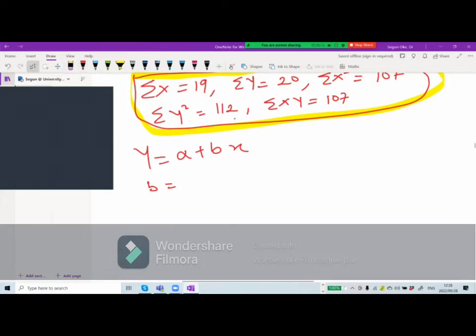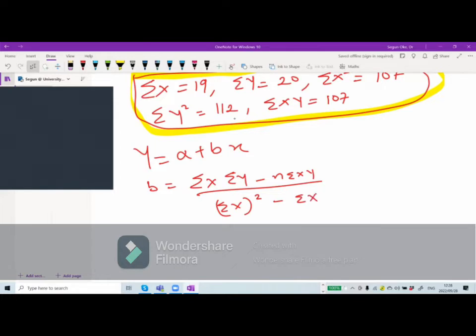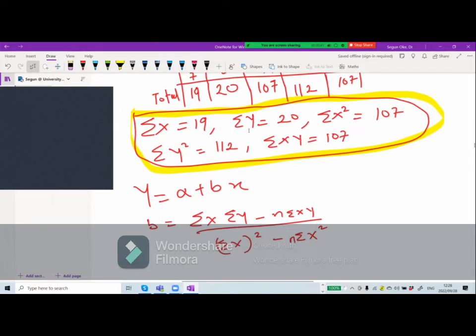I will write it again: summation X, summation Y, minus N summation XY, divided by summation X all squared, minus summation X squared. There is a difference between summation X all squared and summation X squared. As you can see from the table, from the summary we have here, you can relate the two together.